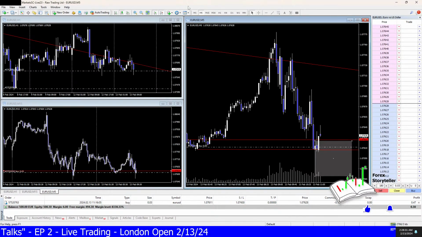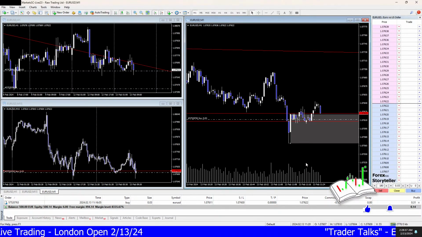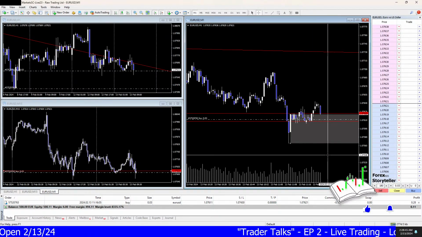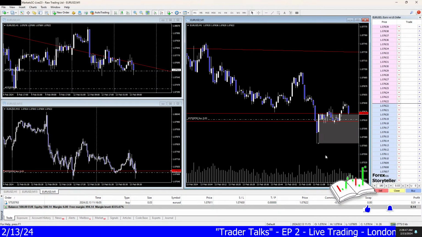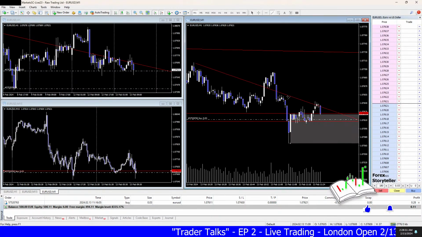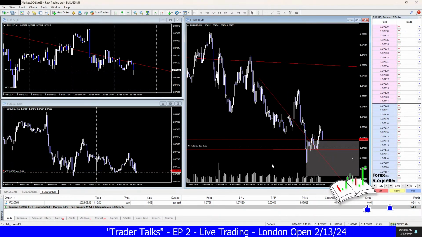Very long consolidation period. So it looks like we may have a bit of a break on a short-term trend line happening here as well.